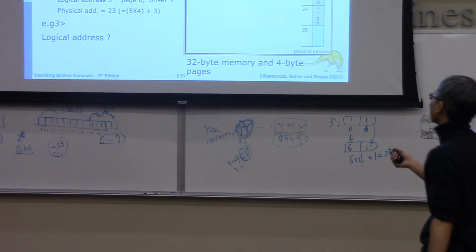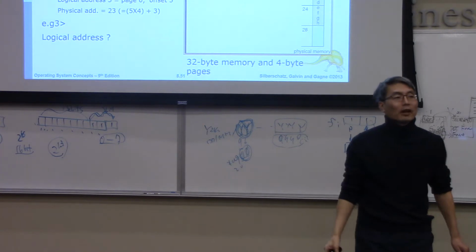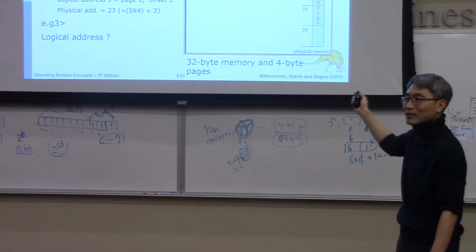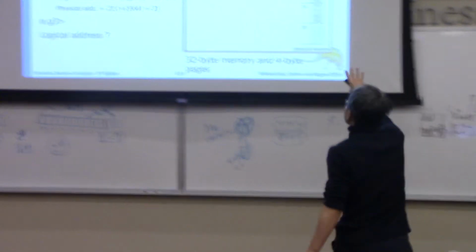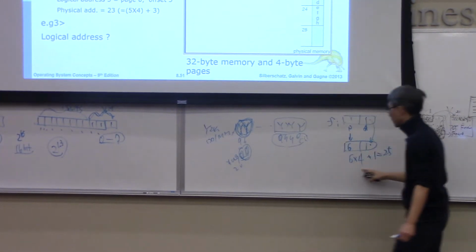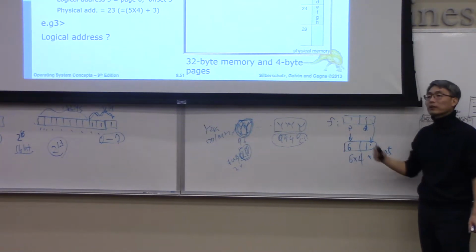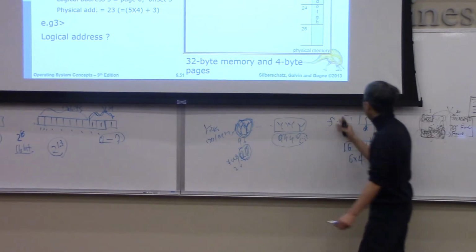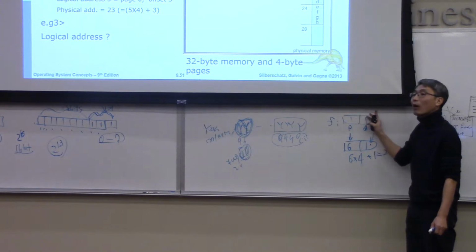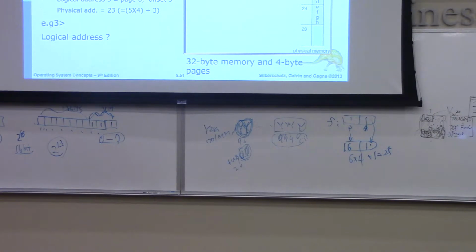In this example you can check where F is, but sometimes I will not give the physical memory. Then without this information, you can always calculate the physical address, or vice versa. If I give the physical address, you can calculate the page number plus offset. So you should be able to convert both ways between the logical address and the physical address.